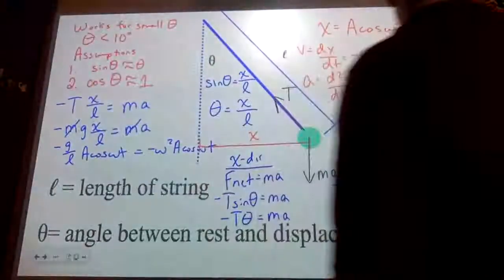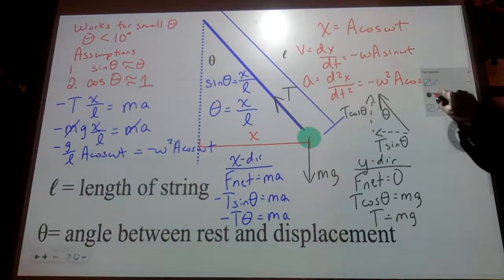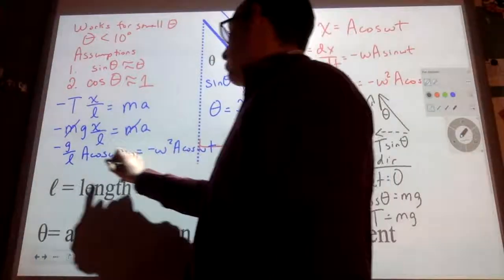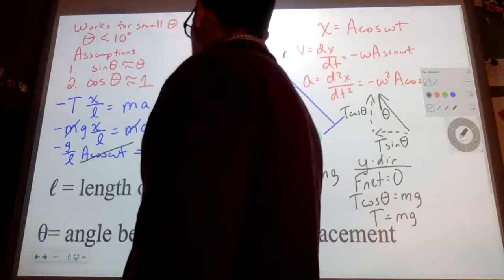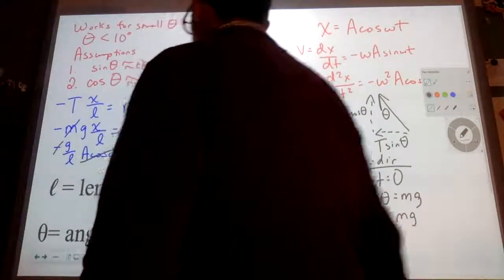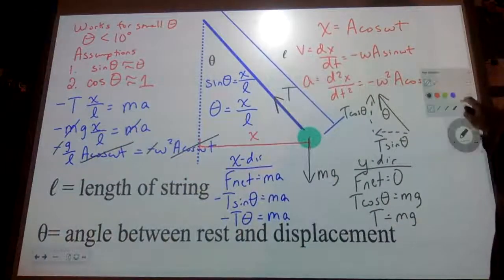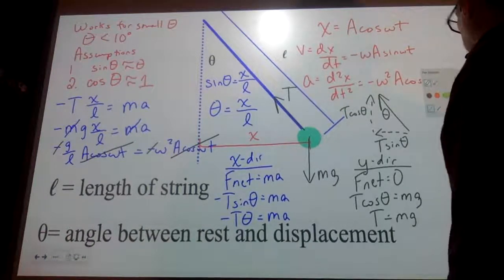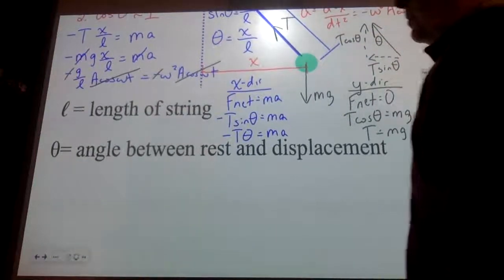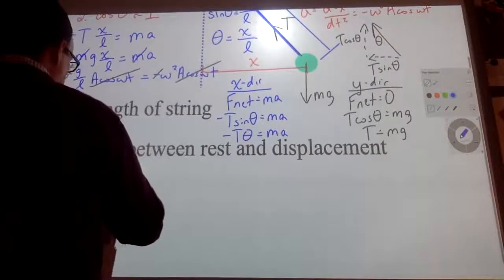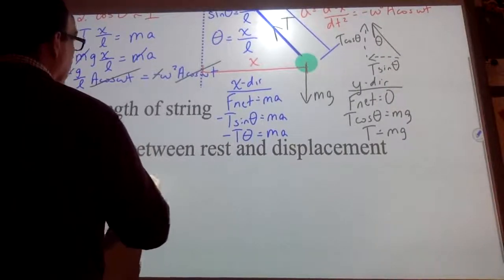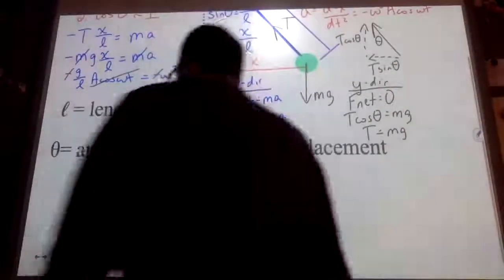And look at that, I can get rid of both the negative and the A cosine omega t. So I need a little bit more room. I'm going to scroll down. So what we have is that g over L is omega squared.